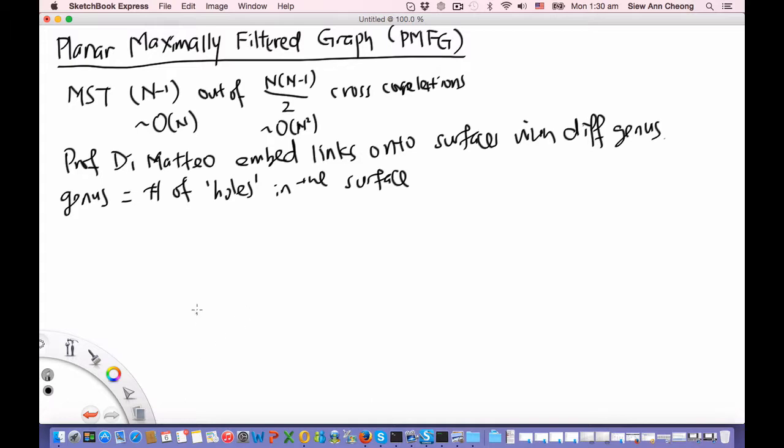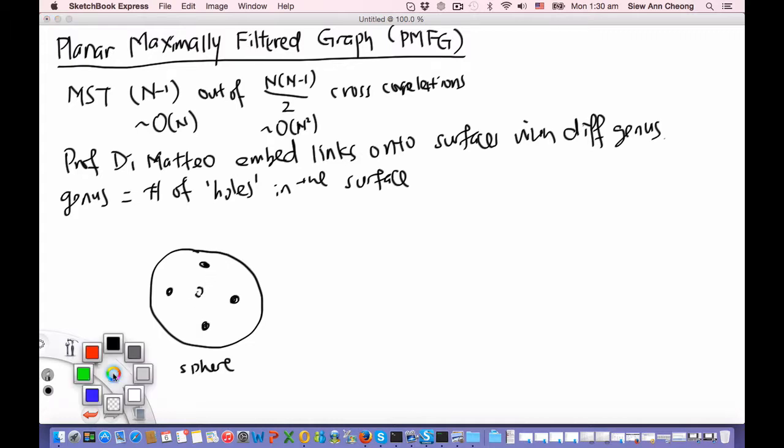For example, if I have a sphere, okay, this doesn't look very spherical, but topologically it is equivalent to a sphere. And if I have one node here, another node here, another node here, another node here, and maybe one node at the back, I can connect them. I can link them without the links ever crossing in such a way. And of course, I have to choose between this link versus other links.